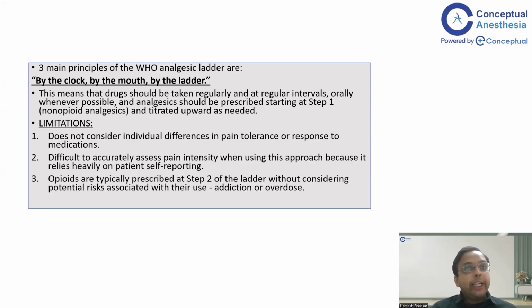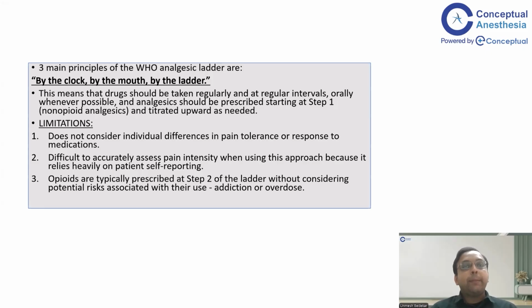So what are the limitations in this step ladder format? It does not consider individual differences in pain tolerance or response to medications. It is difficult to accurately assess pain intensity when using this approach because it relies heavily on patient self-reporting.